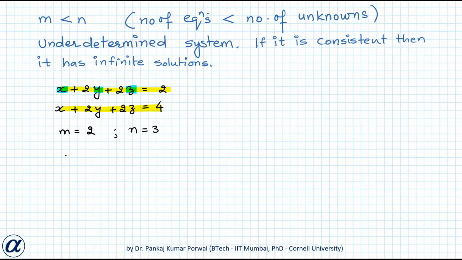Here we have m less than n, but this system of equations is inconsistent because we know that a linear equation in three variables represents the equation of a plane in three-dimensional space, and in these two equations the coefficients of x, y and z are equal, but the constant term is different.